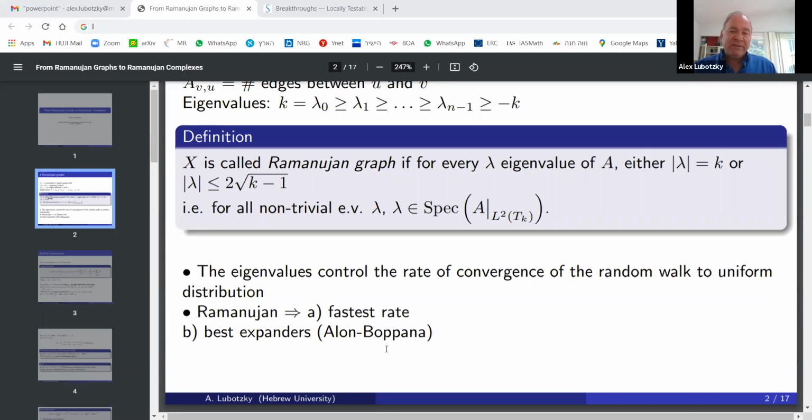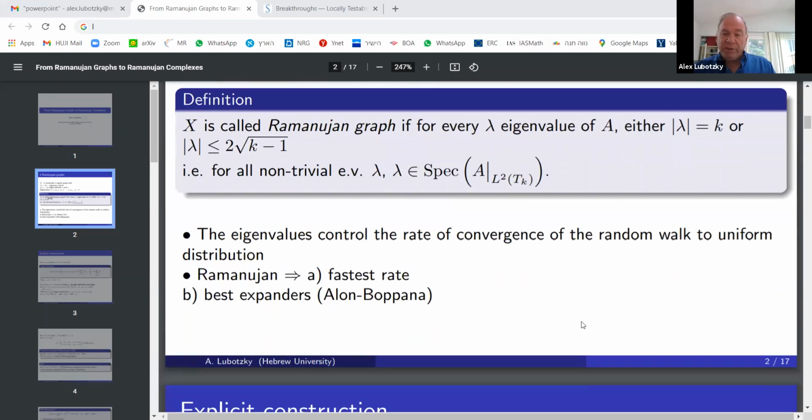They are the best you can opt for. Okay, so this is the definition, but of course everyone can make a definition, and it's not at all clear that such graphs exist. In fact, I want to stress, I'll show you in a minute, they do exist.